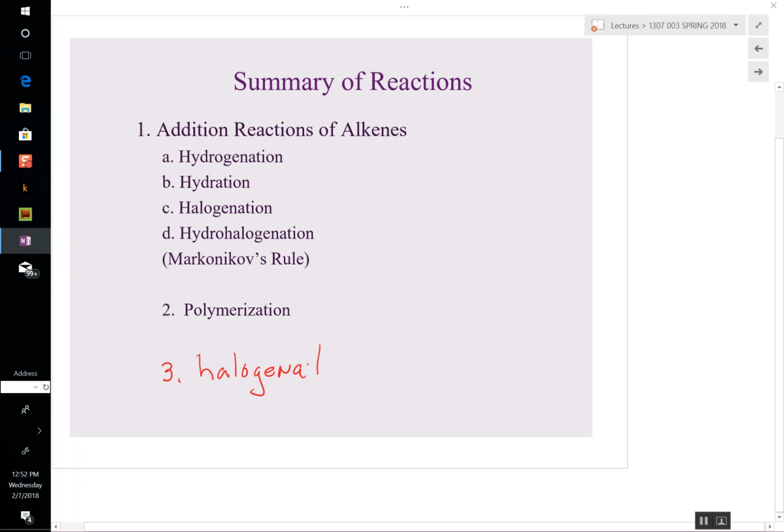And then if you wanted to summarize more or less all the reactions, just keep in mind this halogenation and this halogenation proceed differently. Markovnikov's rule applies here and here, to hydration and hydrohalogenation.